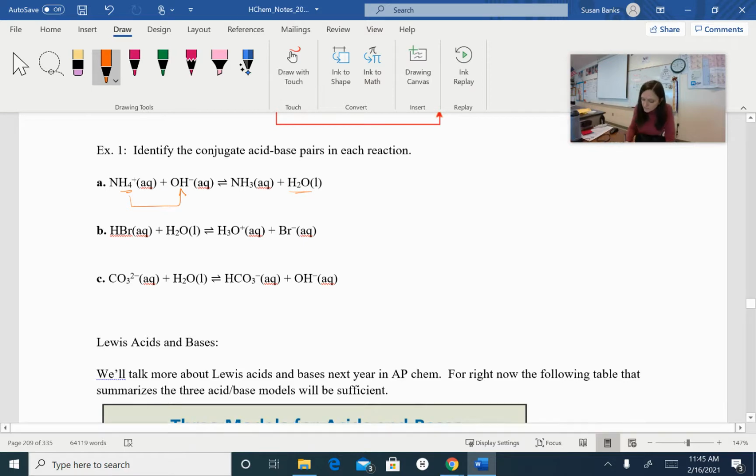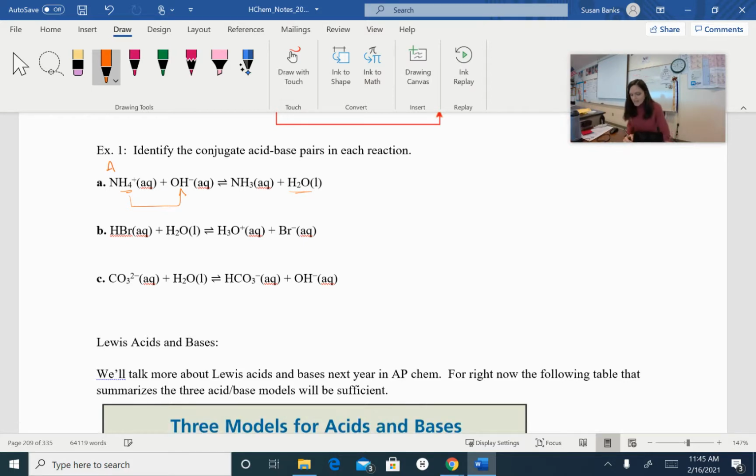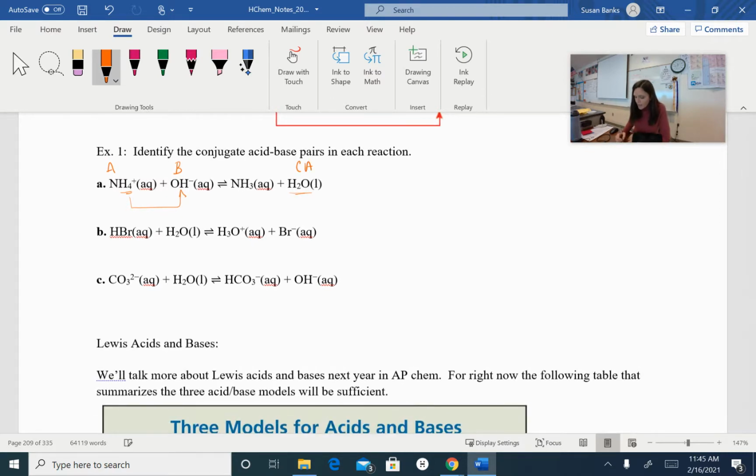So ammonium is our acid, and the hydroxide is our base. So who accepted that proton? Hydroxide did. And so this is our conjugate acid, and the ammonia, NH3, is our conjugate base, because it's just the reverse of the reaction we just did before.